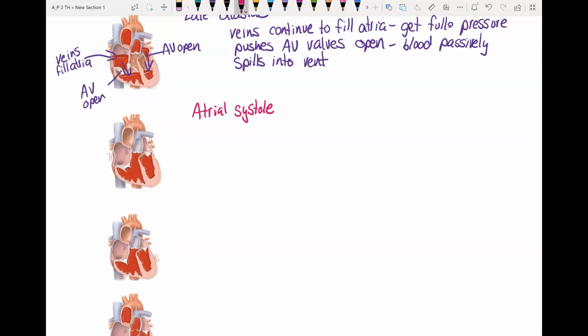So here your atria are contracting. See here these little lines represent contraction. You can see it's dented in. So now our atria contract. And remember the conduction system. This is when the signal goes from the SA node to the AV node.